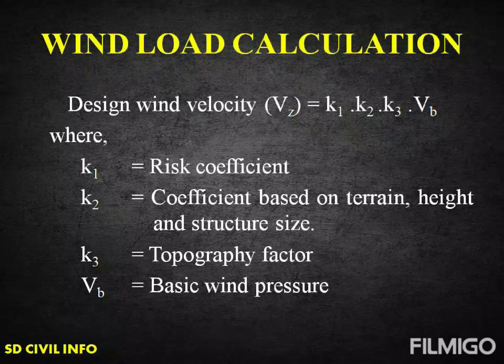Wind velocity Vz is equal to K1, K2, K3 into Vb, where K1 is the risk coefficient, K2 is the coefficient based on terrain, height and structure size, K3 is the topography factor, and Vb is the basic wind pressure that is shown in a map of India. Designer can pick up the value of Vb depending upon the locality of the building.